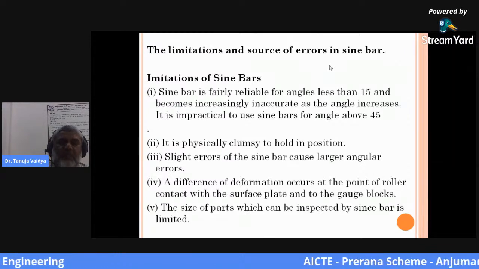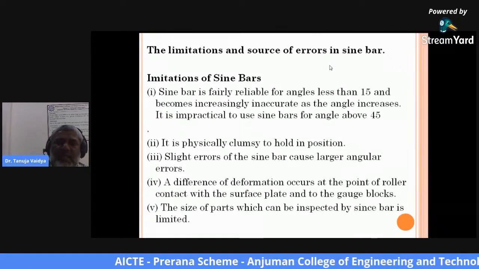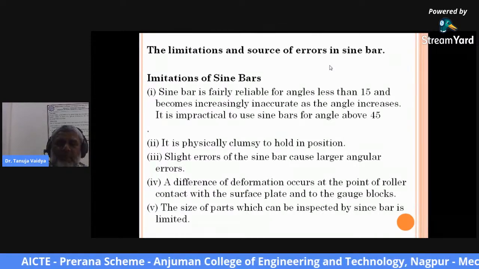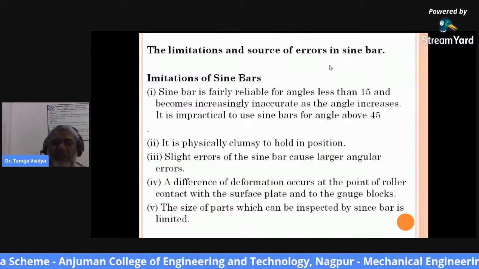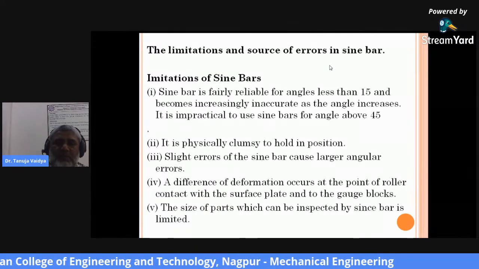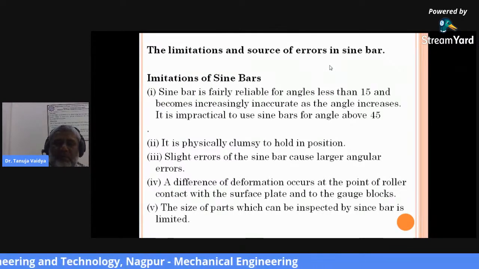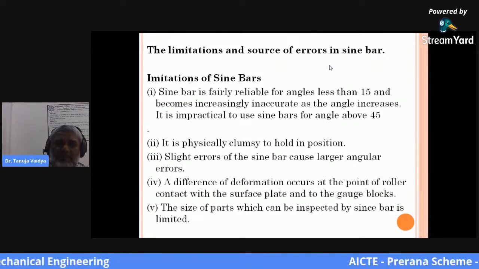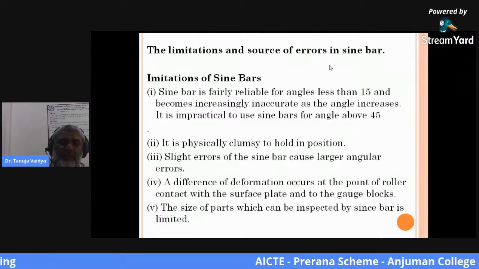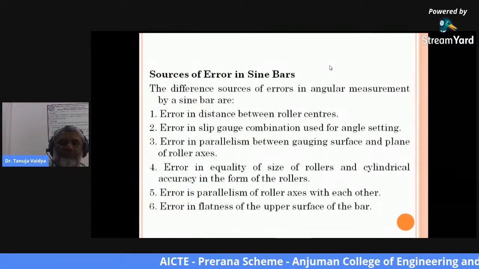Another point to remember is that a slight error of the sine bar causes larger angular errors, and a difference of deformation occurs at the point of roller contact with the surface plate and the gauge block. The size of parts which can be inspected by sine bar is limited, as I have already discussed with you.